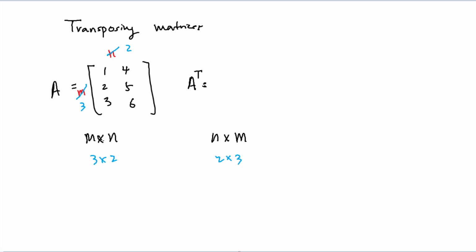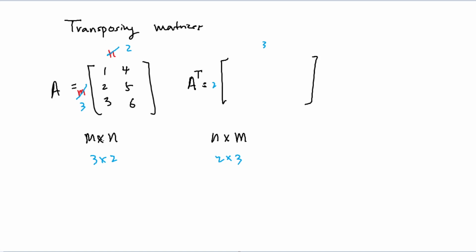Right. Now, let's go a little bit further and consider the placement of these elements. We already know that there are going to be 2 rows and 3 columns, but where do these specific numbers go?